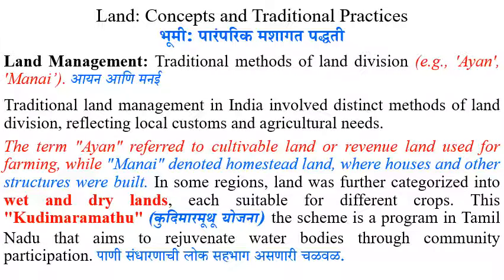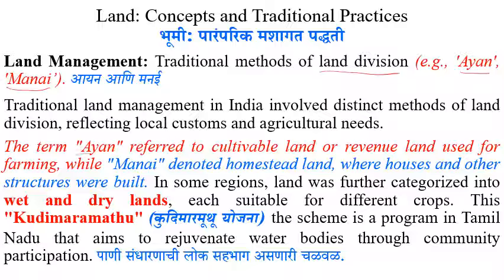During ancient times, there was a land management system also, and they classified the lands into iron land and Manai land.